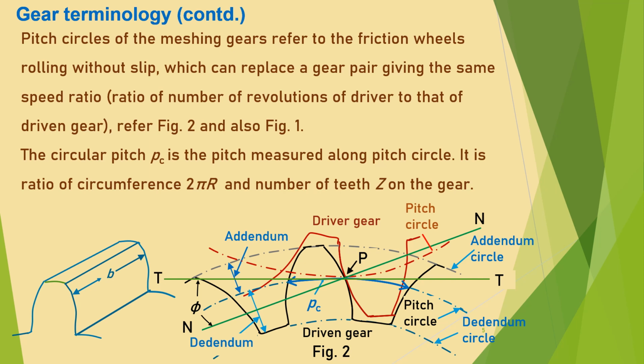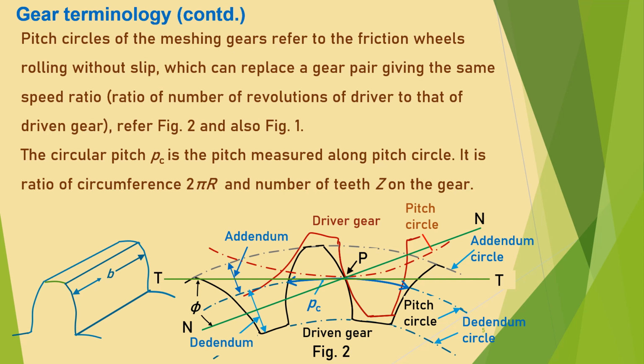Pitch circles of the meshing gears refer to the friction wheels rolling without slip, which can replace a gear pair giving the same speed ratio, that is, the ratio of the number of revolutions of the driver to that of the driven gear.